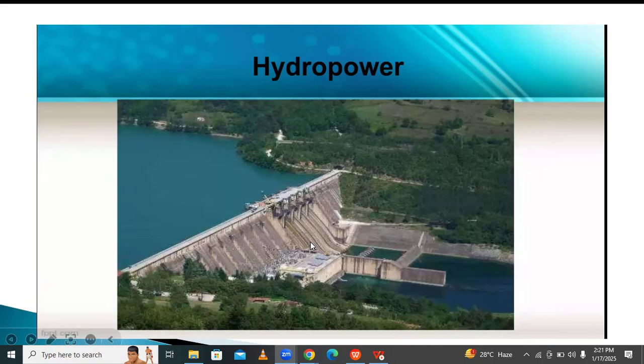That kinetic energy is converted into mechanical energy by the turbines, and the turbine is connected to the shaft of the generator, which rotates. Then we get electrical output. The generator input is mechanical, coming from the turbine, and the output is electrical. That is connected to the substation and then transmitted. This is called hydropower plants.